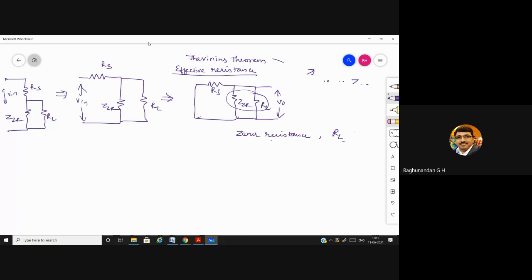What will happen in parallel combination of resistance? I had told in other classes also, whenever we take parallel combination, the least resistance will be the effective resistance. When you take series, opposite. Maximum resistance will be the effective resistance.